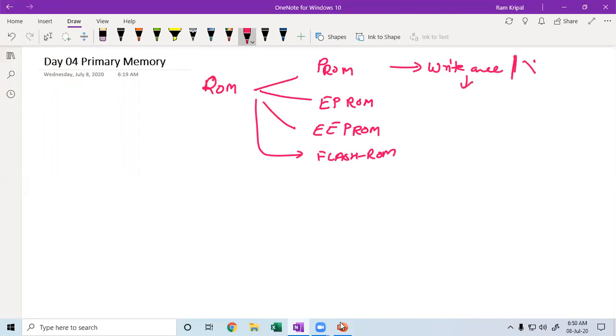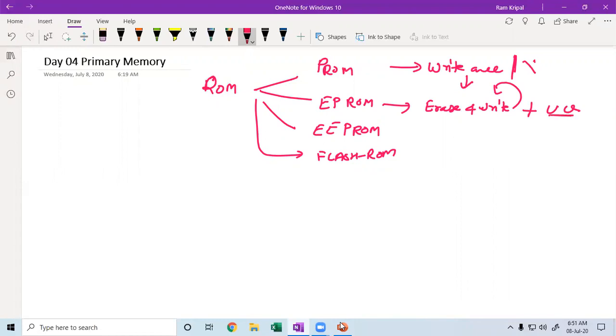The solution is EPROM: you can erase and write any number of times. In a loop, you can write and then erase, write and then erase, any number of times. You can repeat this process. But it requires ultraviolet light, UV rays.